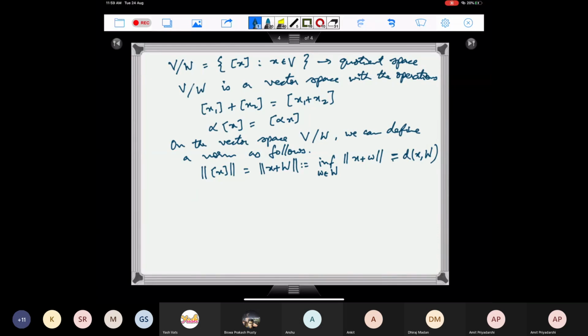Now you will see that this will be a norm if I assume that W is a closed subspace. Closed, because otherwise, suppose the norm of a coset is 0, so that says the infimum of norm x plus w is equal to 0. That will imply that x belongs to the W closure, since the distance of x to W is 0.